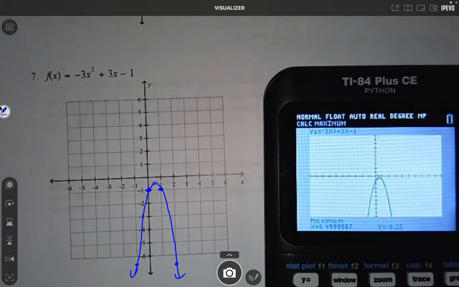And what does that say? It's 0.5 and then negative 0.25. It's kind of where mine is. I'm not exactly, but close enough. What's my axis of symmetry? 0.5. There you go. It's just your x value. Okay? So my graph was close enough. It's some decimal right there.